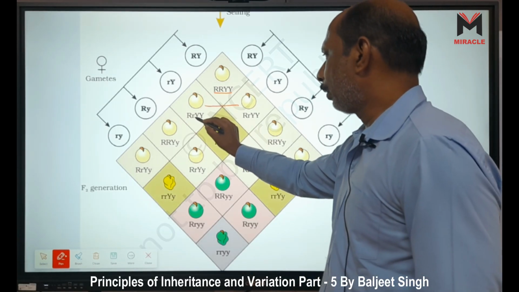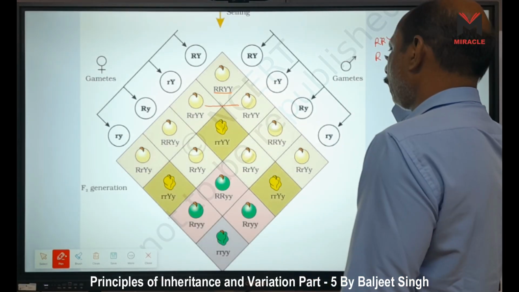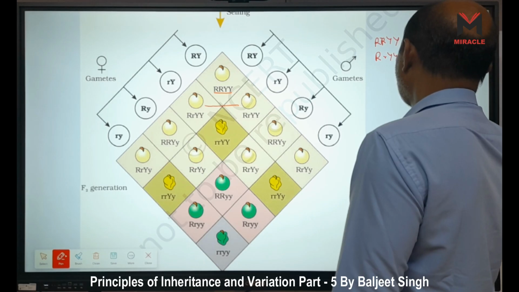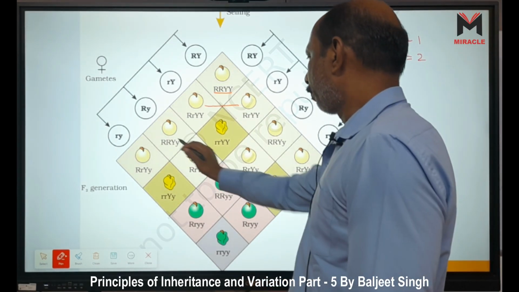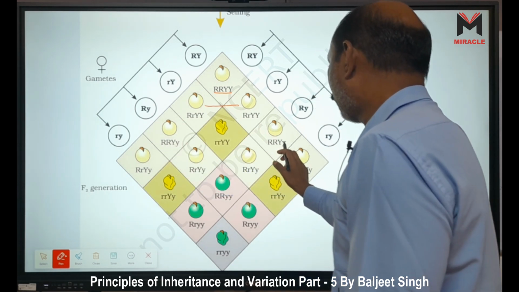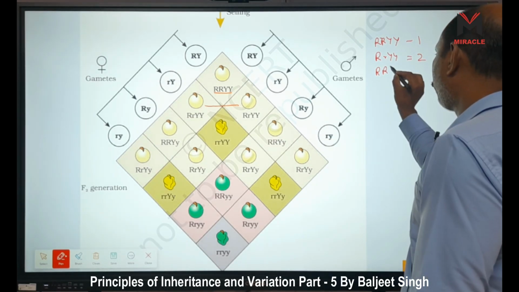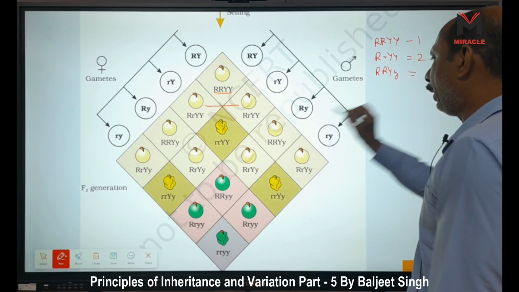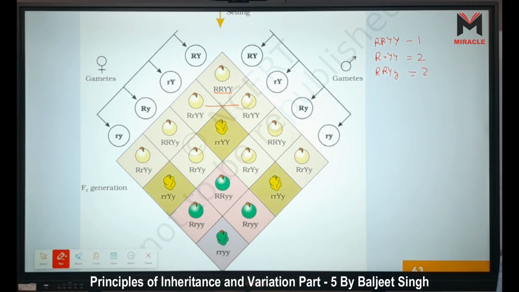Here capital R, one R is small. Here, 2, right? I write here capital R, small r, capital Y, 2. Now here, capital R, capital R, capital Y, and small y. How many? 1 and 2. I should write here 2.